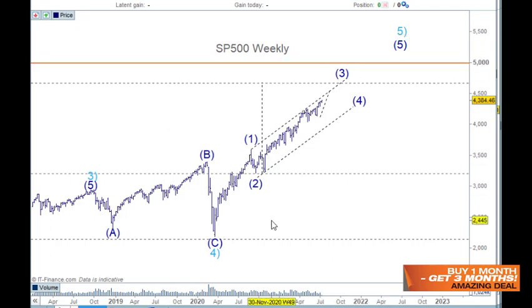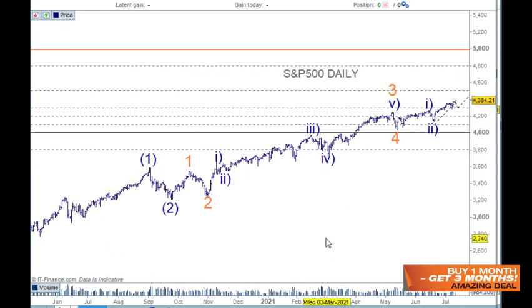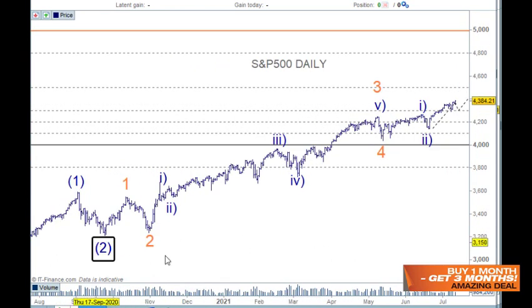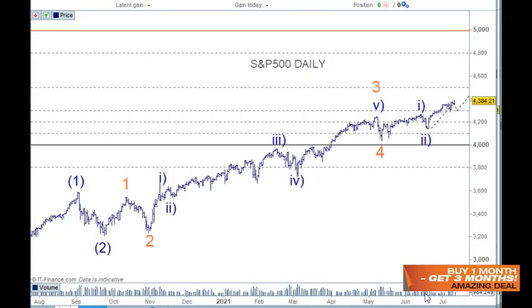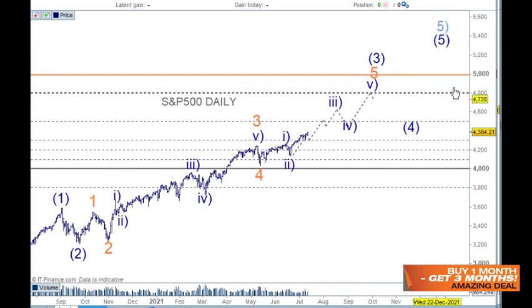So we'll go to the daily chart and pick it up from wave 2 and work it up to wave 3, which we're also looking for 5 waves in. From this wave 2 to wave 3 here, which I've got at 5,000, which is a little bit hopeful for me.